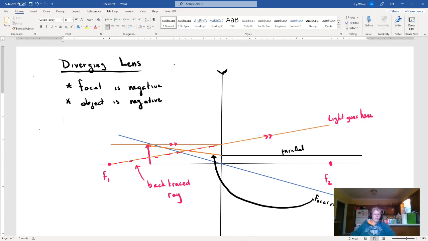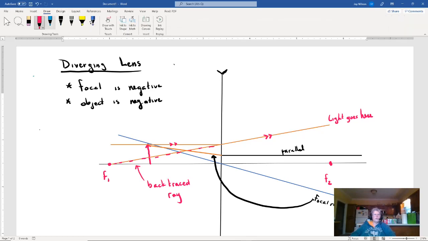So now your question becomes, where do those three lines intersect? Well, you can see that over here we get no intersection.